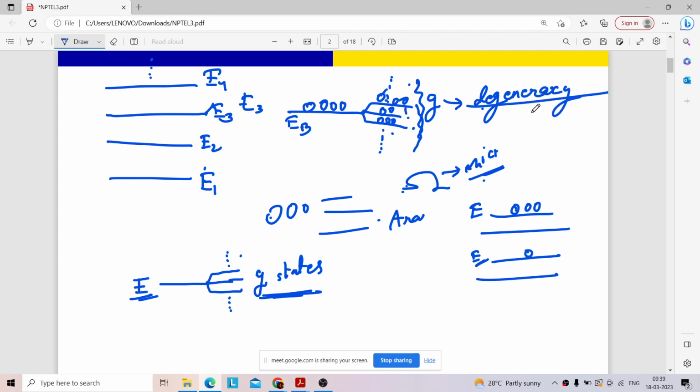Degeneracy means there is more than one state with energy E, some Ei, let's assume. If there is more than one state with energy Ei, then I can put my particles in those states and still my total energy will be the same.